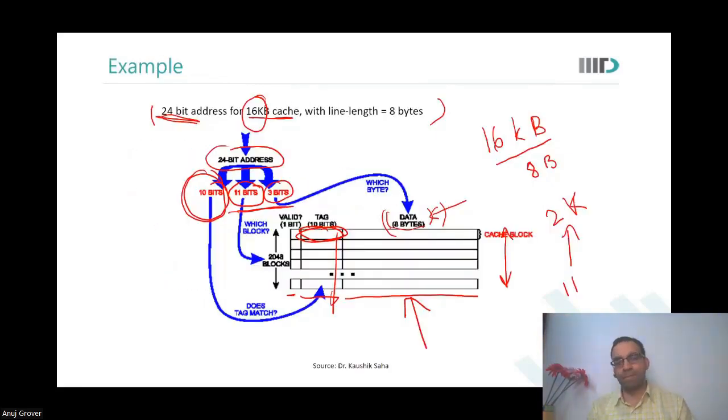Sir, you said that when we go for set associative, first of all, just to clarify, the block bits are referring to the line number, right? Line. But in set associative, we don't know in which line our data would be. We only know in which set it would be, but the line could be anything. So how can there be bits for a line number? We will see.